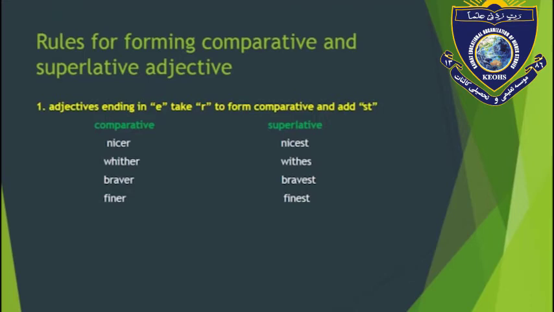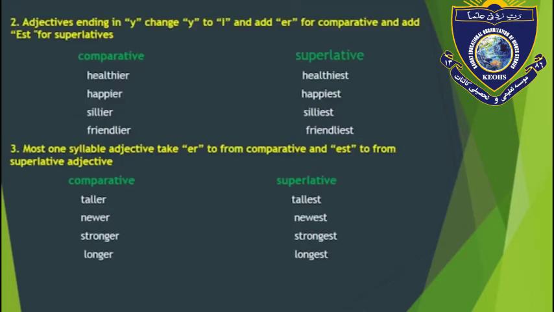For example, nice ends with E, we add R for the comparative and ST for the superlative. White, whiter, whitest. Brave, braver, bravest. Fine, finer, finest. Rule number 2: adjectives ending in Y, change Y to I and add ER for the comparative and EST for the superlative. Healthier, healthiest. Happier, happiest.